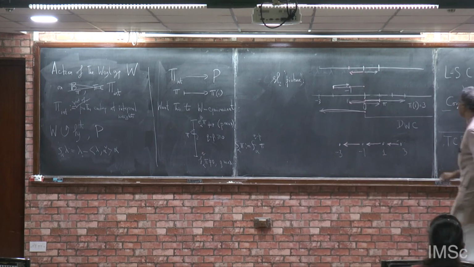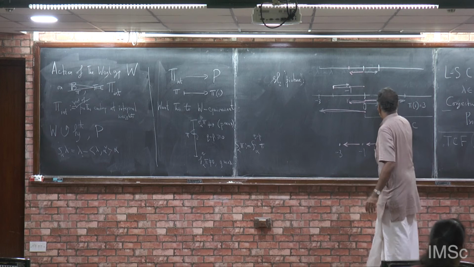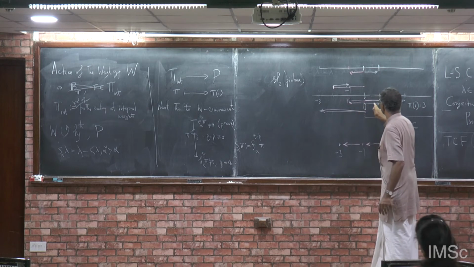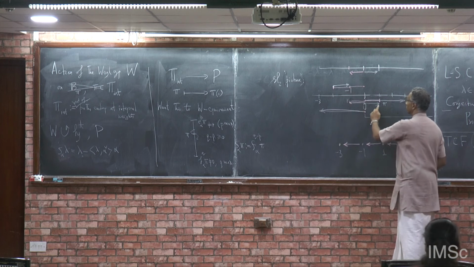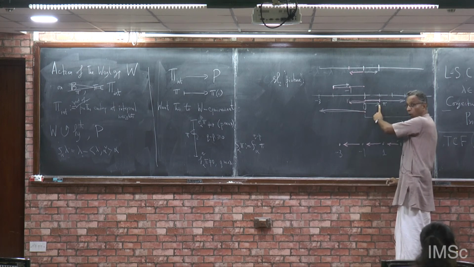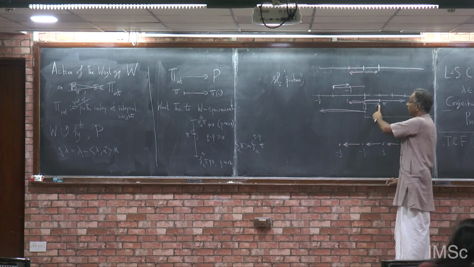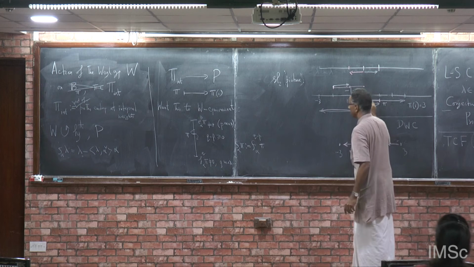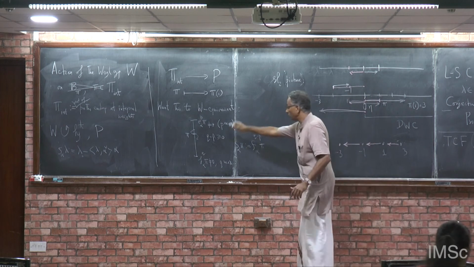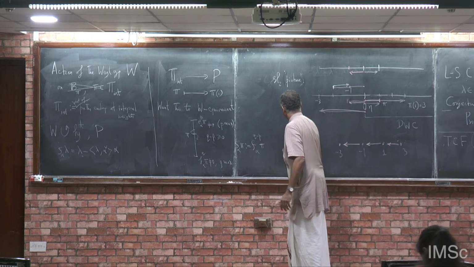Suppose I take this path, ending at 1. Look at the alpha string through this. Let's call this eta. Okay, let's draw this picture for that. Eta is the path that ends at 1.